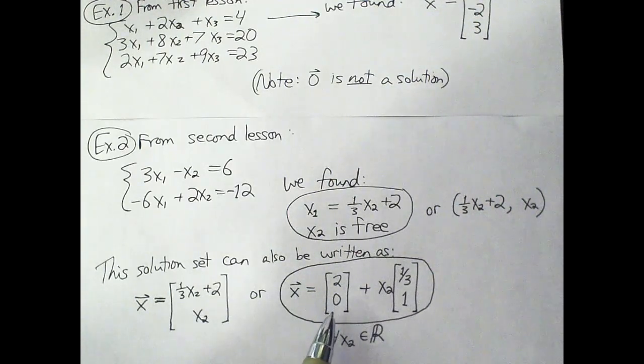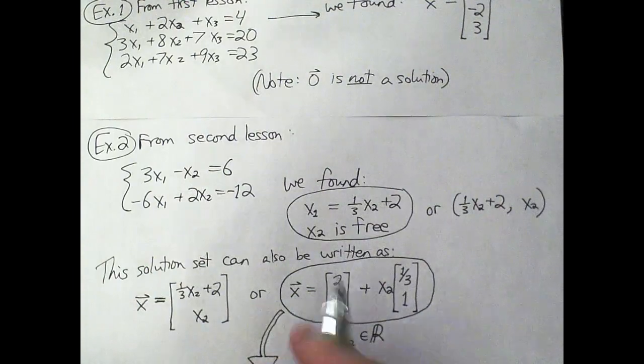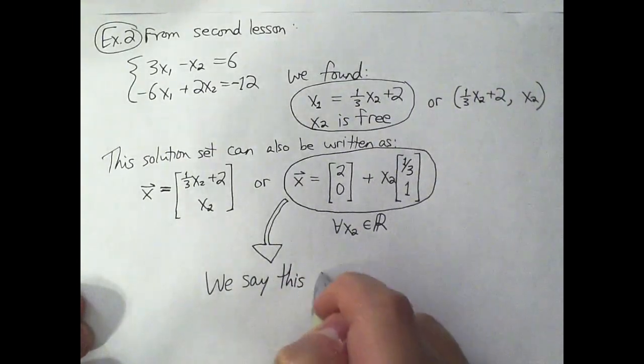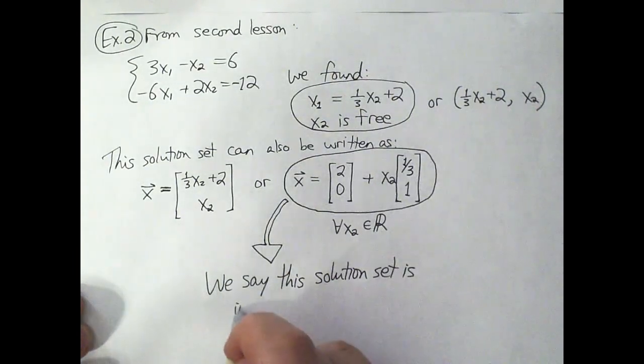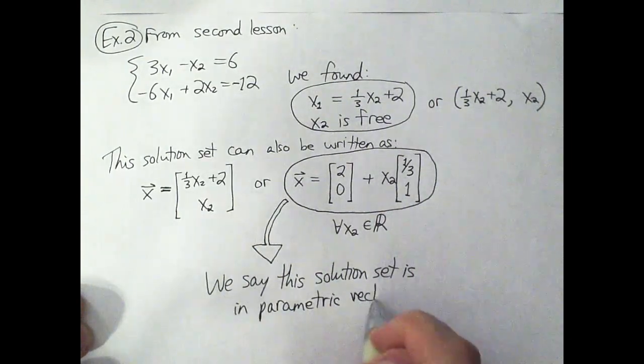And a little later in the course, we're going to see there's some significance to these two vectors. Okay? But for now, they do describe the structure of the solution set. So when we have a solution set written in this way, we say this solution set is in parametric vector form.